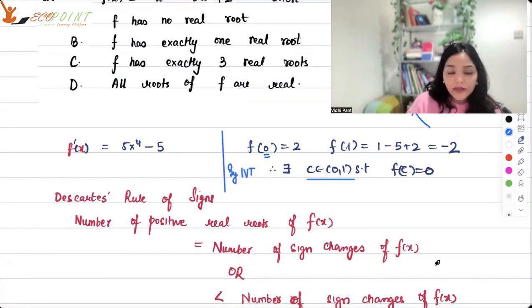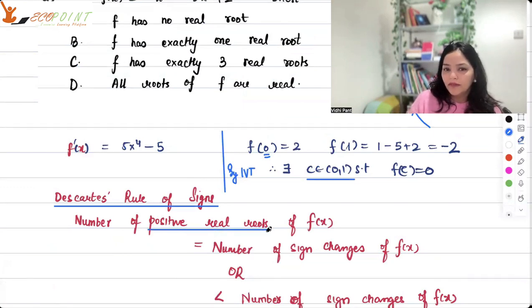But what you can also apply here is something called the Descartes rule of sign. So I just want you guys to note it down. The number of positive real roots of f(x) is equal to the number of sign changes of f(x). In our case, if it is x to the power 5 minus 5x plus 2, how many times is the sign changing?